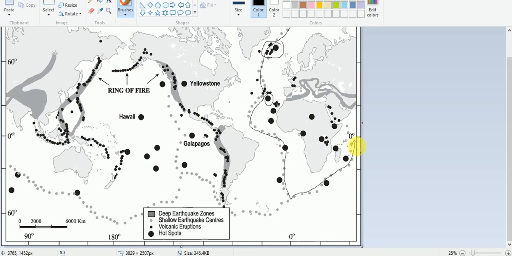See here, this is the one going here, and another one is also here, another line of dots in the Indian Ocean. So this is the Indian Ocean, and this is also the Indian Ocean.